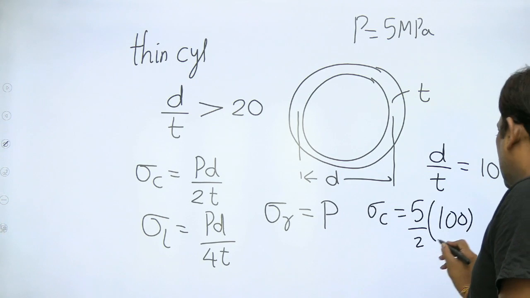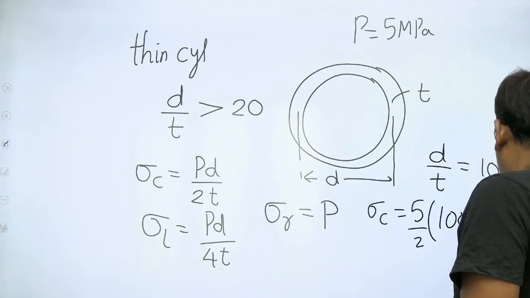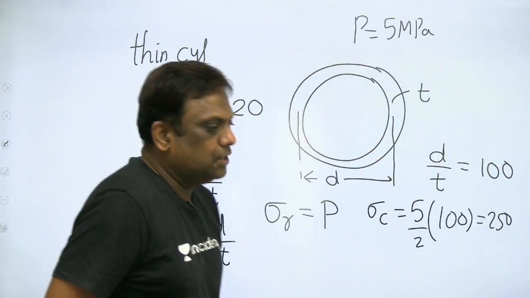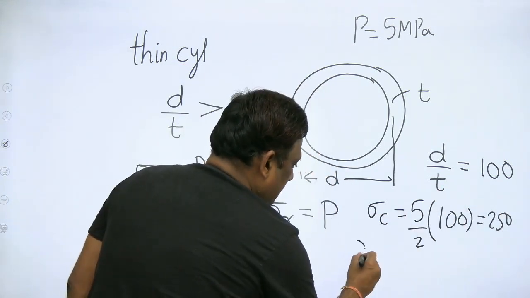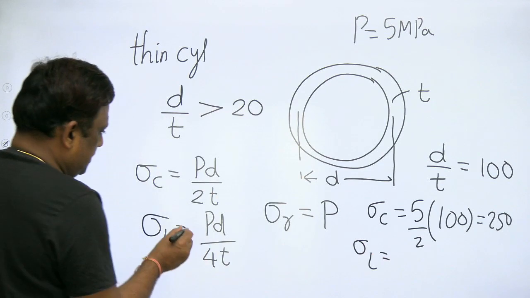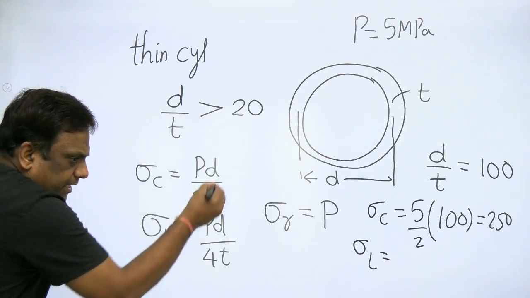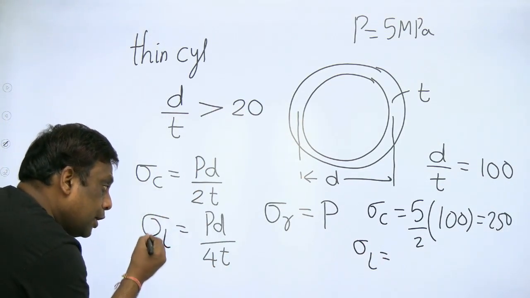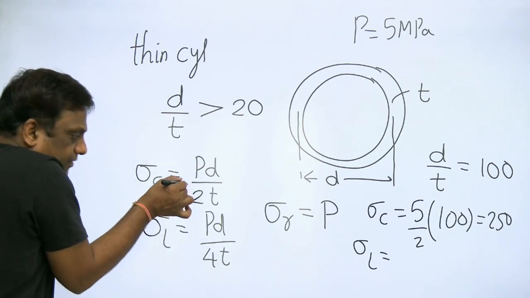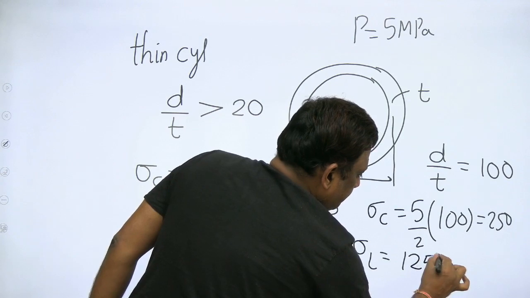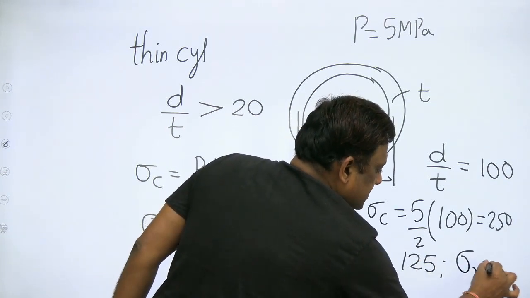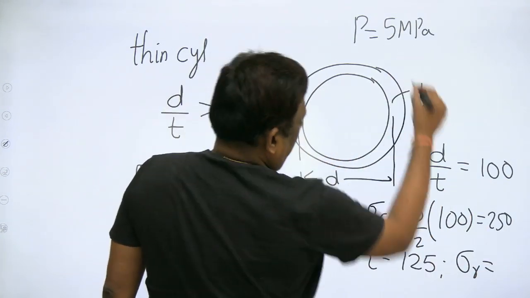So this will turn out to be 250 megapascal. So the circumferential stress is 250 megapascal. What will be the longitudinal stress? Very simple. This is PD by 2T, and this is PD by 4T. The longitudinal stress is half of the circumferential stress. If it is 250, it will be 125. And the radial stress is nothing but pressure, which we have already taken as 5.